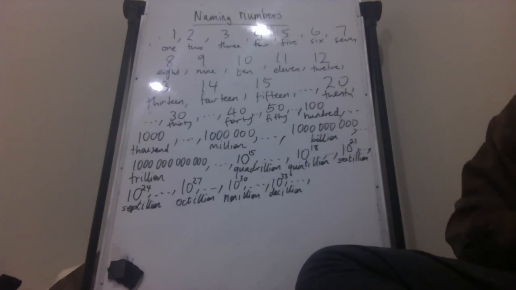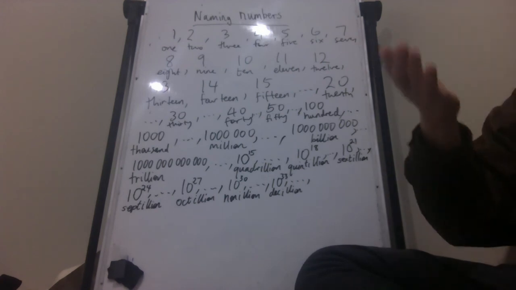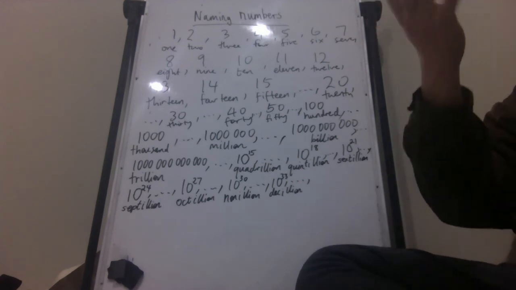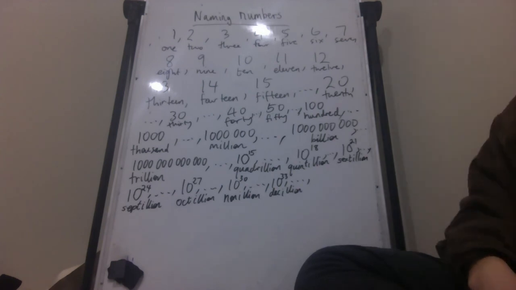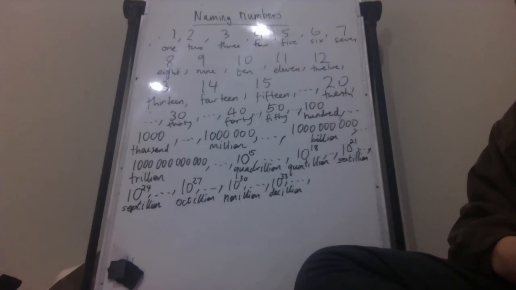Have you heard decagon? 10 sides, yeah. Or decimal, we have counting in tens. It's decimal, okay?